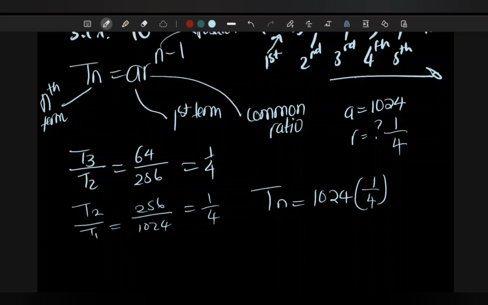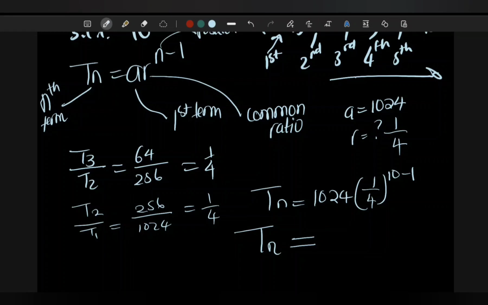They are telling you the position. The term that we are looking for is in position 10, so we put 10 here, minus 1. Now you just press your calculator: 1024 times 1/4 to the power of 10 minus 1.